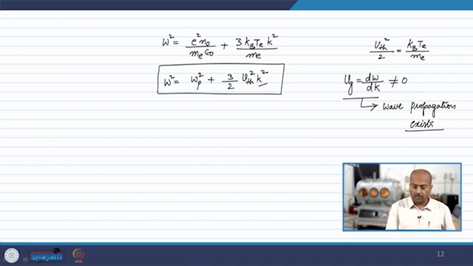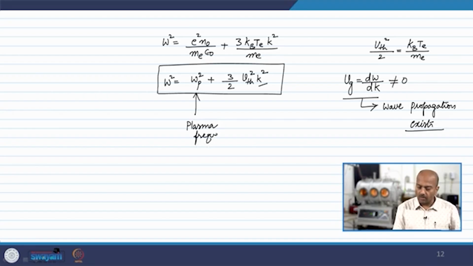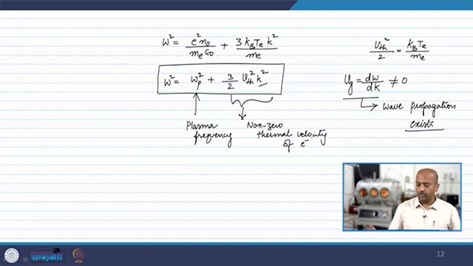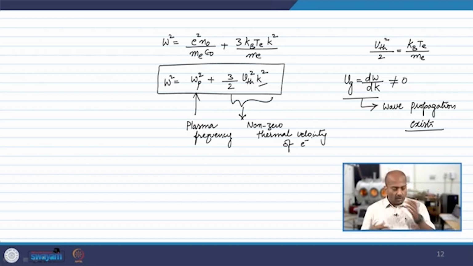So, this is the plasma frequency, which is a characteristic of the plasma oscillation, and this part is because of the non-zero thermal velocity of electron. Now, let us try to rewrite this expression in terms of something that we know.